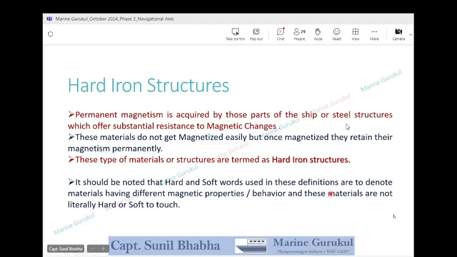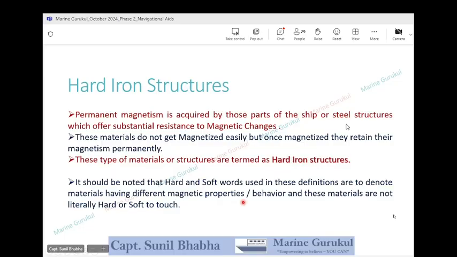Now, one more thing to understand before we proceed ahead. It should be very clear in your mind that the words hard and soft which we have used in the definitions, hard iron structures and soft iron structures, denote two different types of structures or material having different magnetic properties.